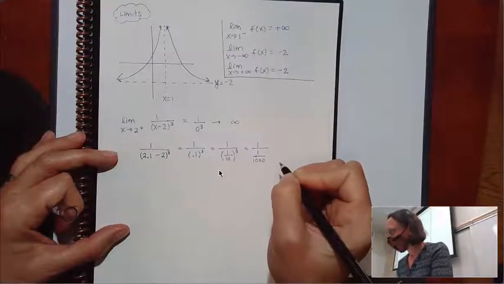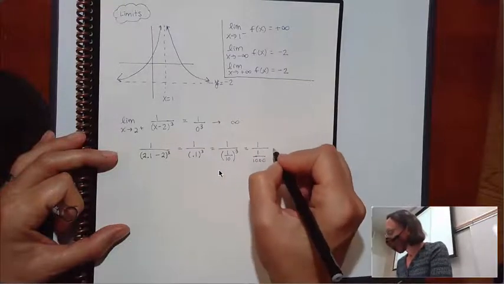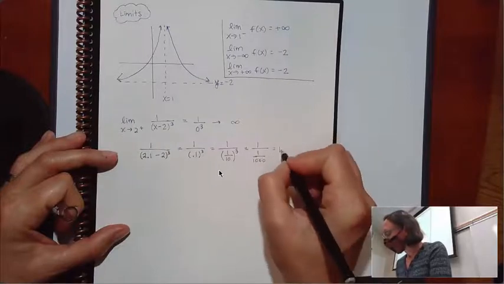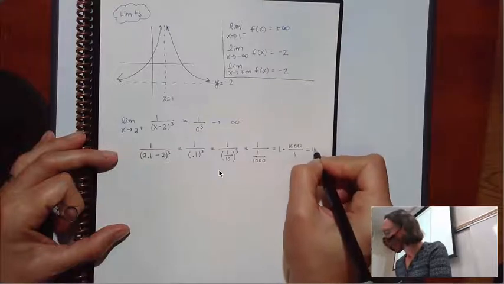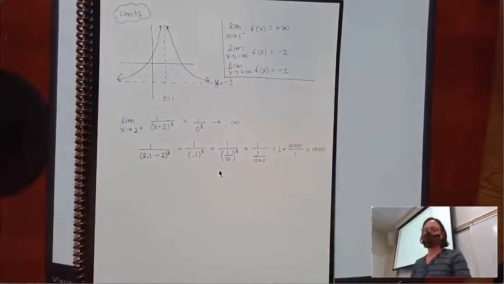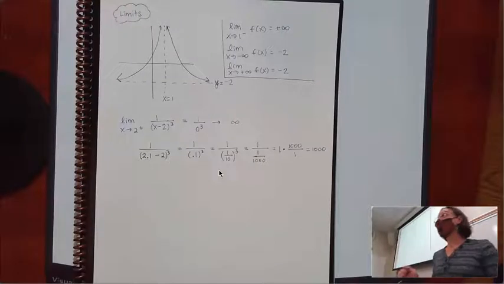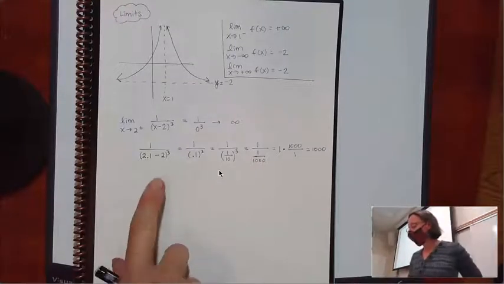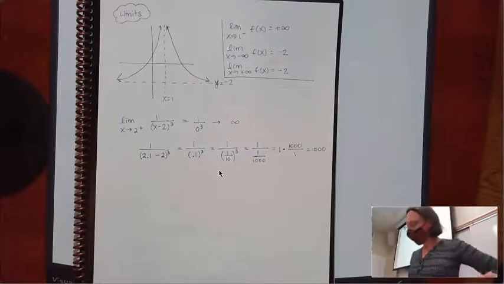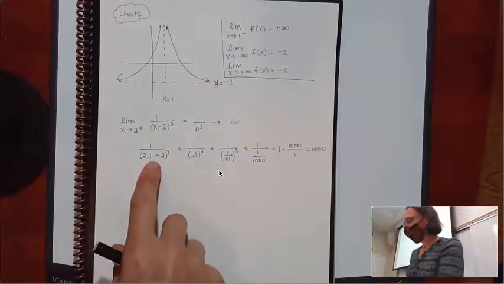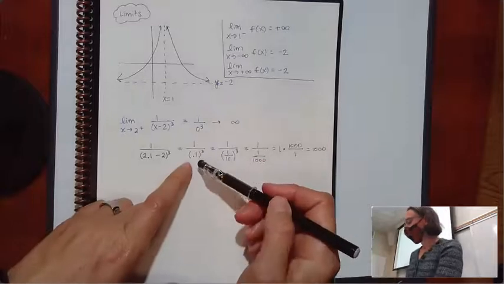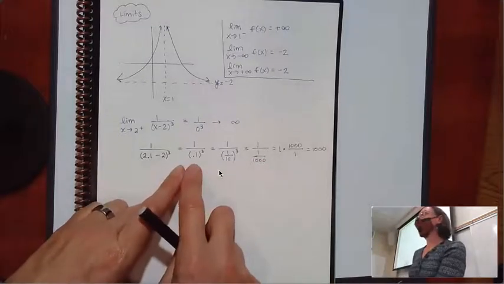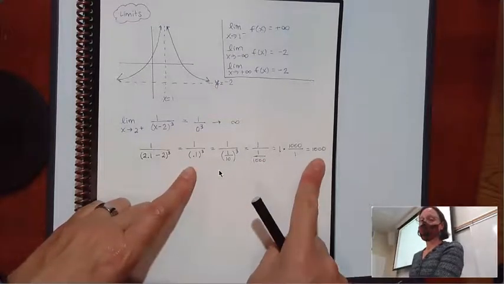And 1 divided by that makes it flip over, meaning that is equal to 1,000. So I started off pretty close to 2, not crazy close, but pretty close. And if we work the math out, 1 divided by a small number is actually a really big number.